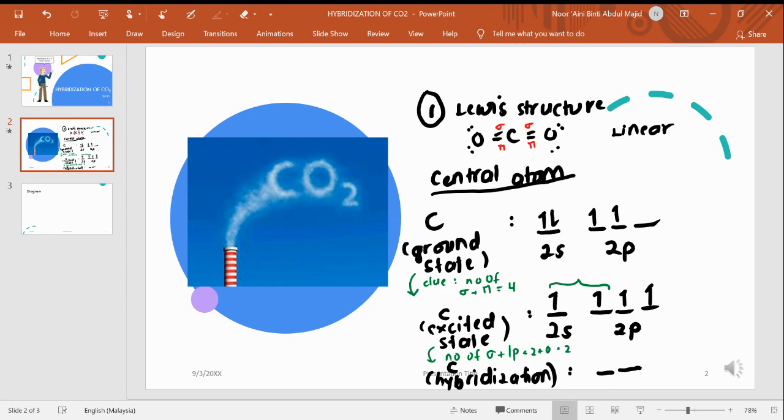And the energies are the same. What happened to the other two? The other two orbitals remain in their pure form, 2p.